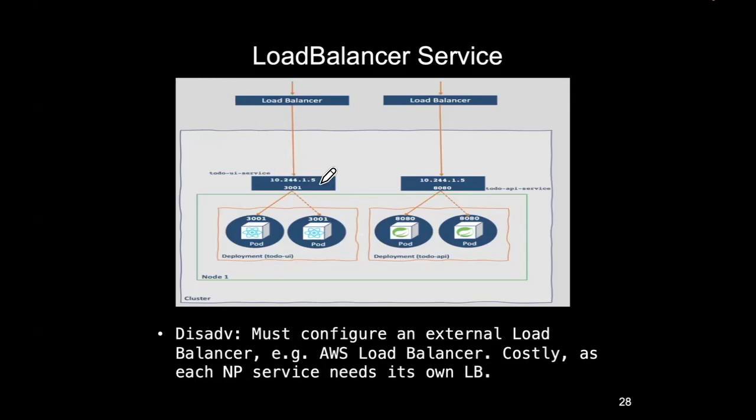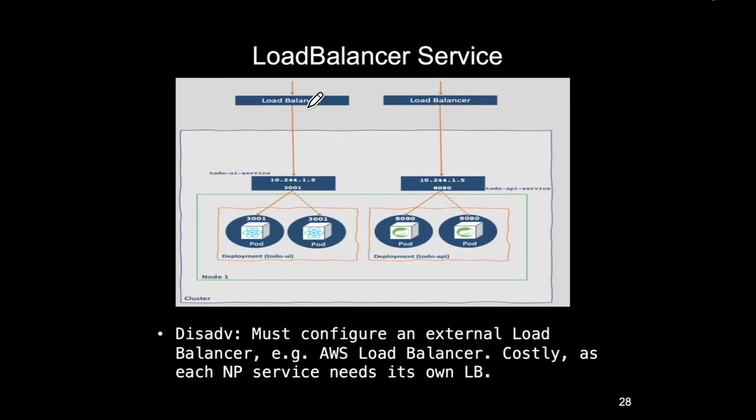Now, if this is created as a load balancer service type, then what you need to do as well is create a load balancer resource up in the cloud. So let's suppose we were using the AWS cloud provider.